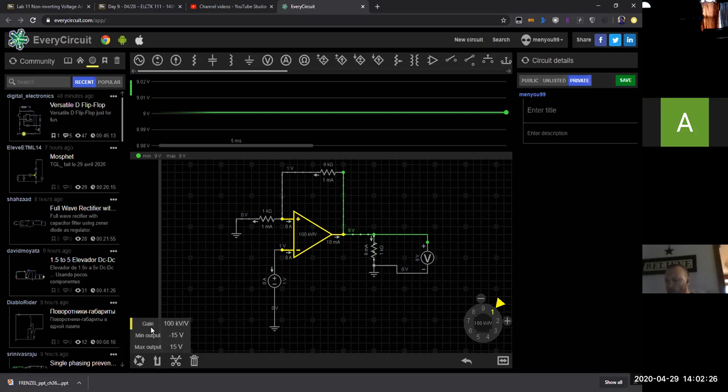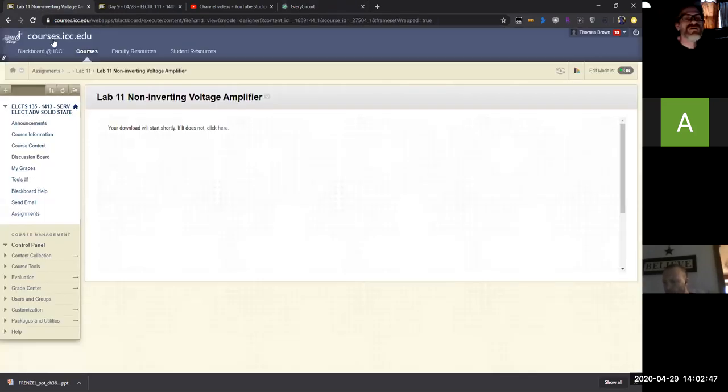But yeah, we can vary that, but that's typical. You probably shouldn't have to vary that through most of these labs. I mean, most of them are modeled on a 741C. The only thing we might end up changing would be the VCC and VEE right here, if you will. But yeah, I would like you to get through 11 and 12, which would be the inverting and non-inverting.